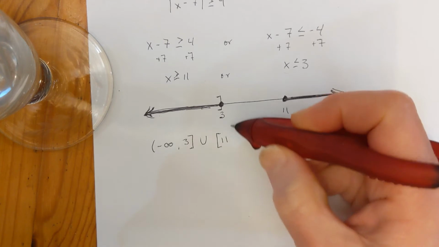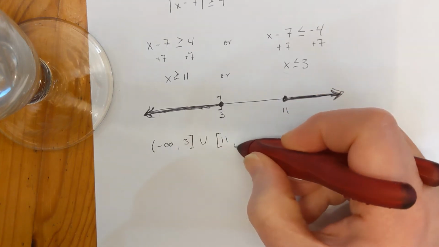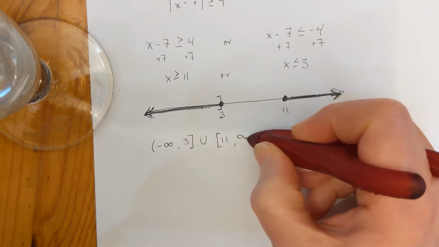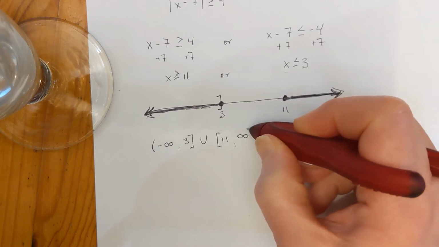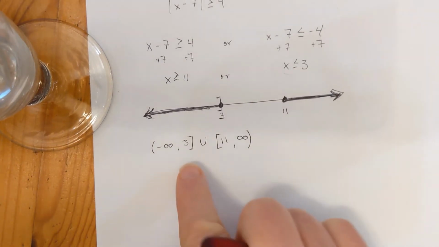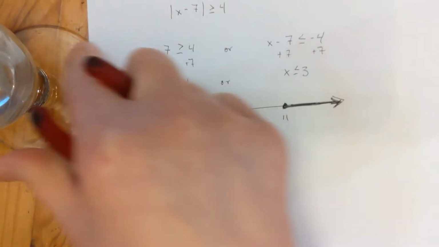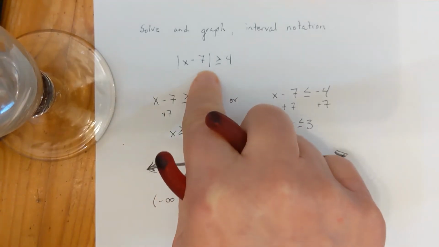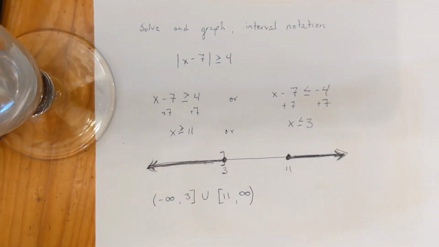Because 11 is included, it's got a square bracket, it goes on up to positive infinity with a curved bracket. So this is the solution to this first problem in interval notation.